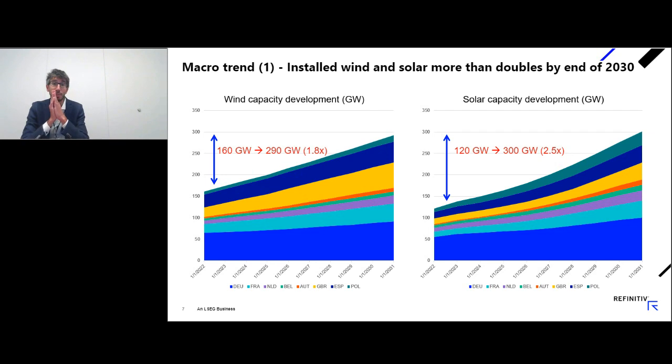Now, yesterday, the European Commission set a target of 600 gigs for the entire European Union, corresponding roughly to 400 gigs for the countries which we cover in the model at the moment, a bit more than that. And we will see later. We have a scenario on that, because that was already in the cards for 2 months basically. But at the moment, the base case still has the renewable targets which you see on screen.